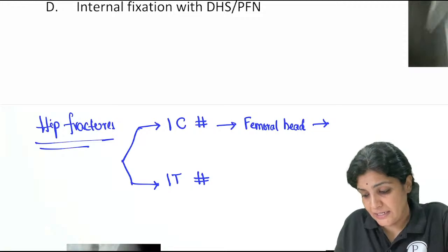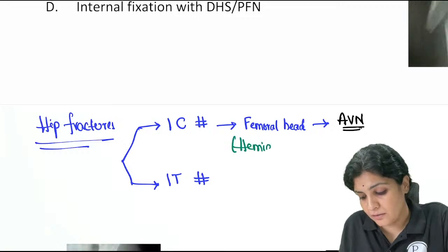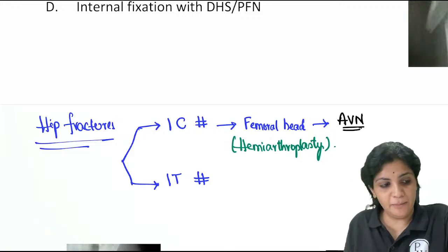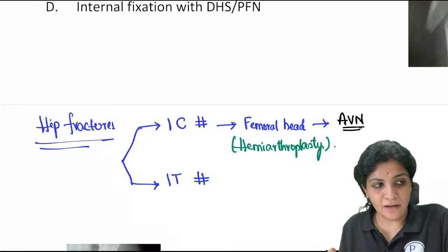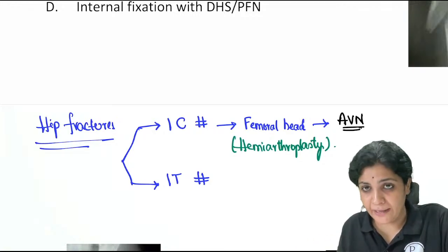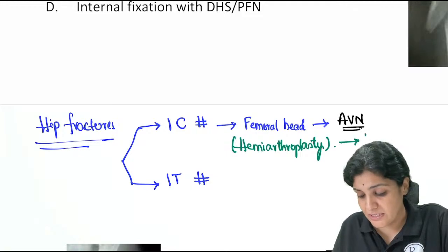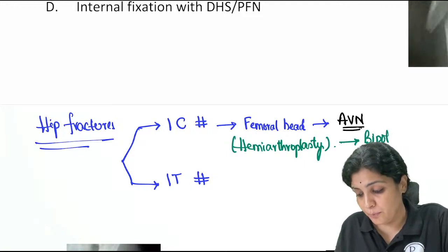So there are high chances of AVN. Hence, we always go for hemiarthroplasty, plasty meaning joint replacement. Hemi means half. So we are replacing a half joint. That is, the femoral head is replaced by a prosthesis, which is called the bipolar prosthesis.